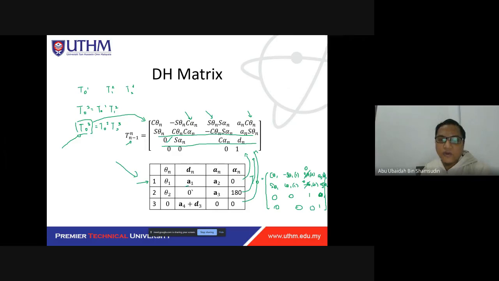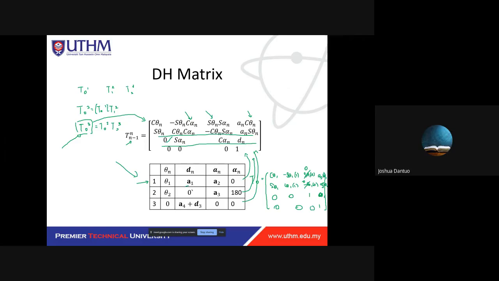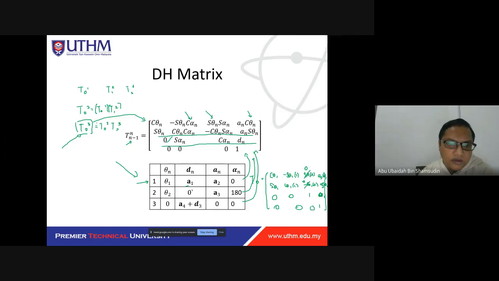It's the same, 4 by 4, but you need to multiply all of these matrices here, this one, and this one. Okay. By doing that, you can have your forward kinematics for your robot.